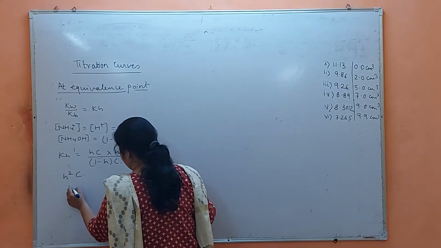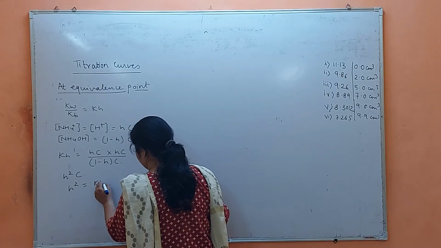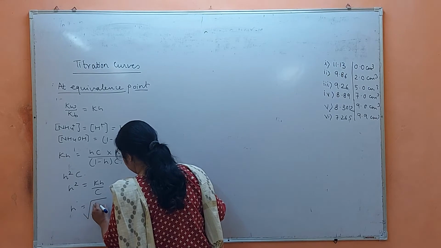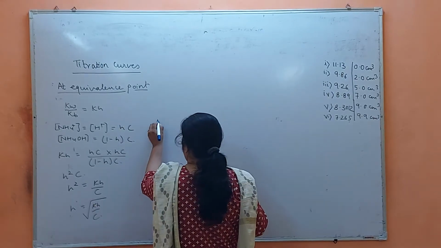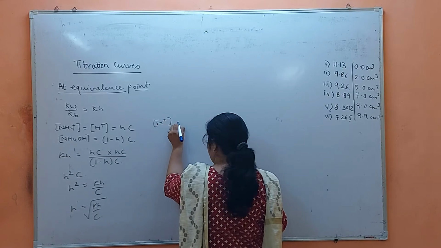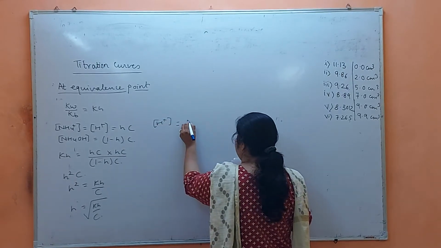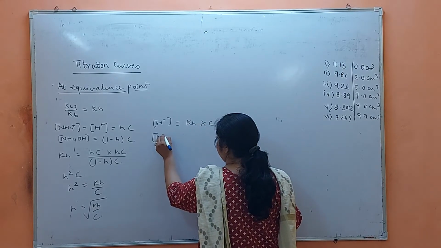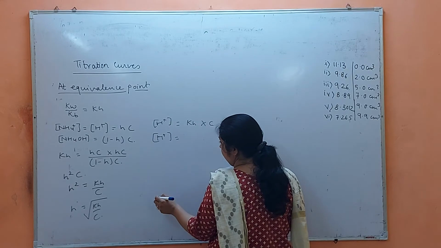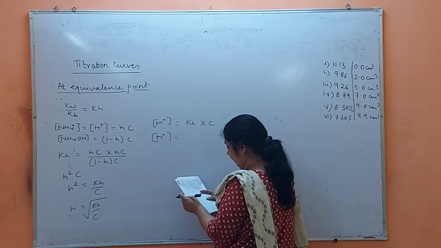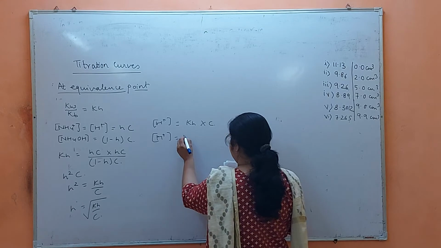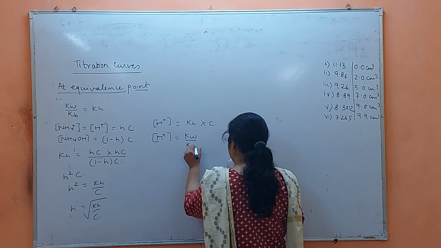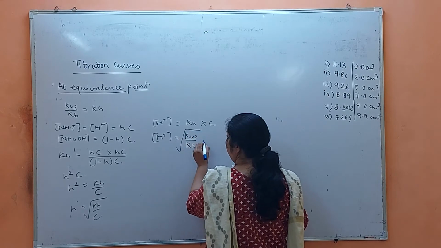So h square will be equal to Kh upon C, and h will be equal to under root Kh by C. Now H plus will be equal to Kh into C. What is the value of Kh? See here, Kw by Kb into C.